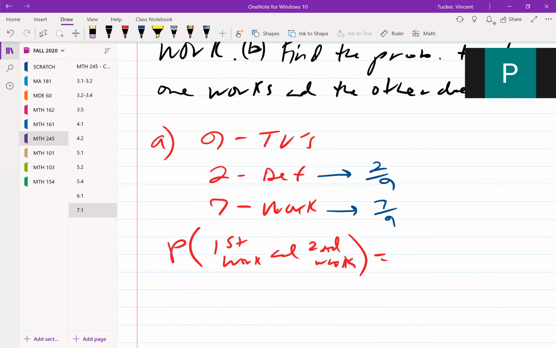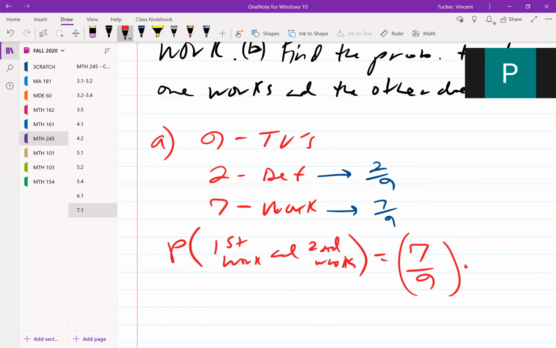Now, when I look at the probability of the first one working, that is going to be 7 over 9. But then we're going to multiply it times the probability of the second one working.